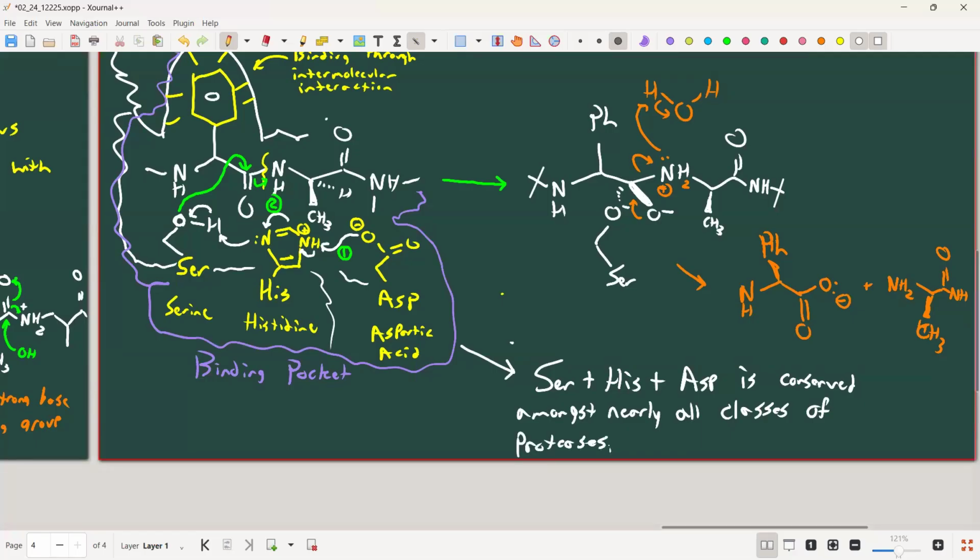Almost every single one of them has it in their binding pocket. There are some exceptions, but let's say 90% of them have serine, histidine, and aspartic acid. And they all do all the work. There's a term for this, the biochemists have called it. This is what's called the catalytic triad.